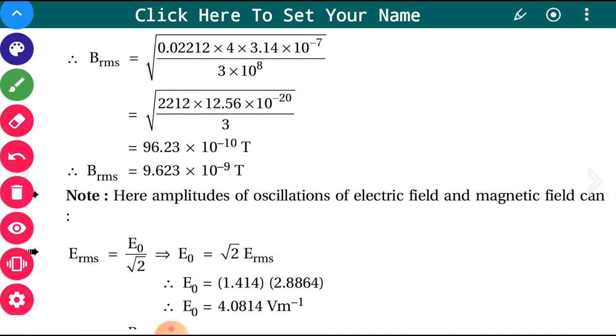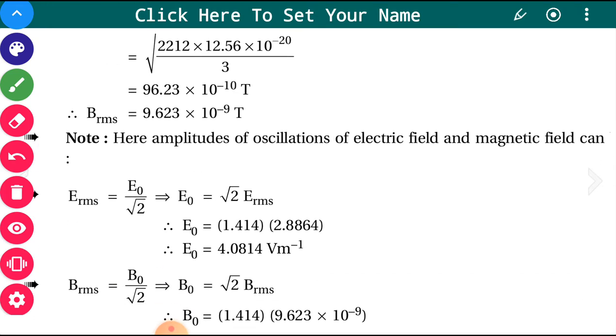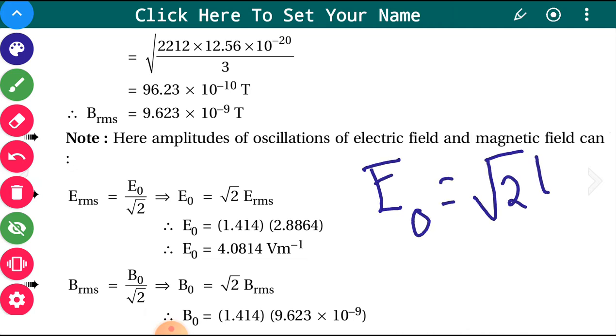Now E RMS is nothing but the maximum value upon square root 2. So the maximum value E0 is nothing but square root of 2 into E RMS. So that maximum value of the electric field is obtained.